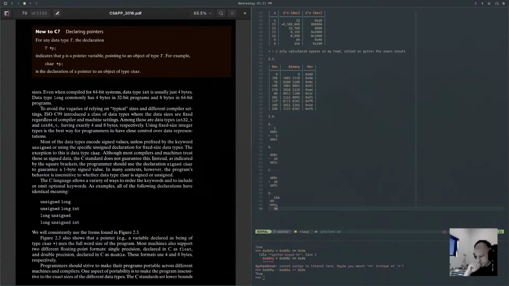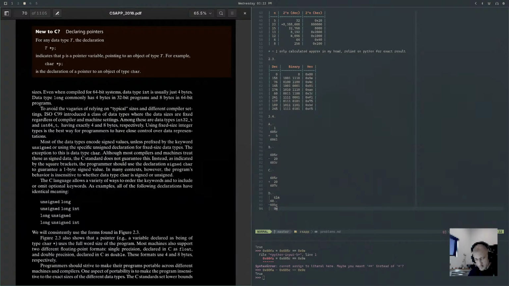As examples, all the following declarations have identical meaning: unsigned long int, long unsigned int. We will consistently use the forms found in figure 2.3. Figure 2.3 also shows that a pointer, e.g. a variable declared as being of type char *, uses the full word size of the program.